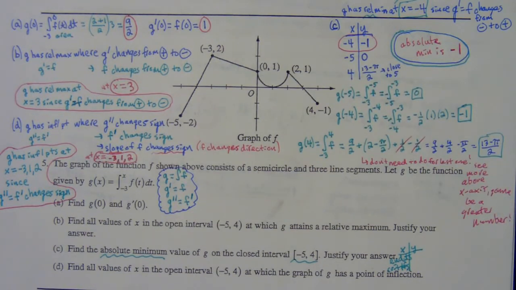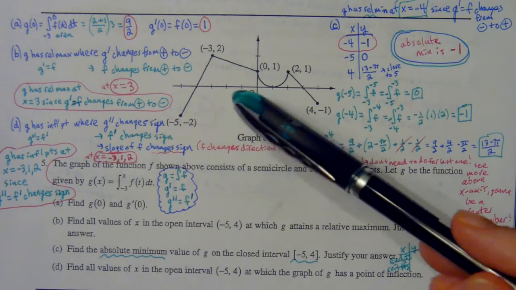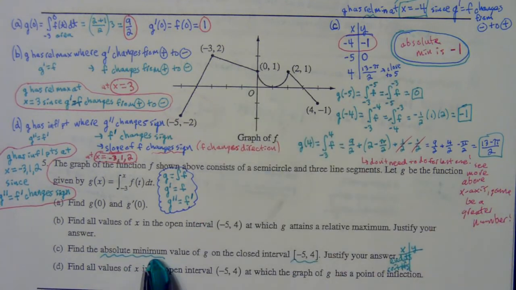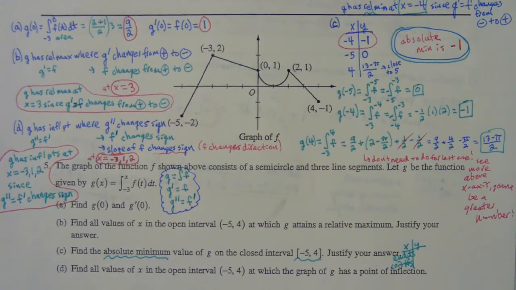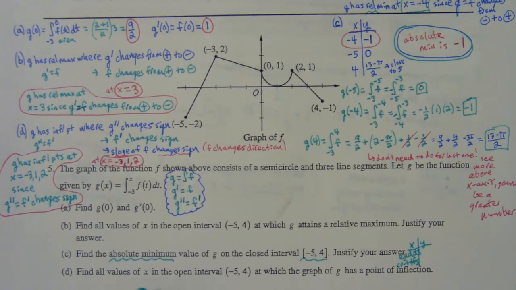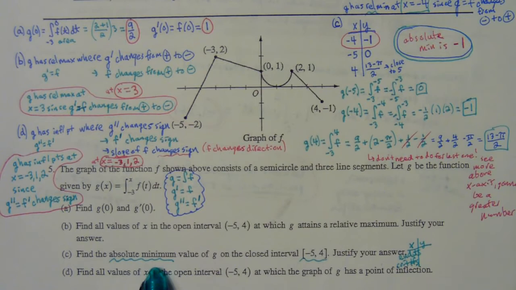Normally to get the critical numbers, if you have an actual equation of a function, you take the derivative and set that equal to 0. But what you're finding when you do that is the relative max and the relative min. Notice that we already talked about this earlier. You're trying to find the absolute min. Those could appear at the endpoints. Those could appear at the critical numbers, like a relative min. So our goal here is to find a relative min, and then we'll check if it's an absolute min.